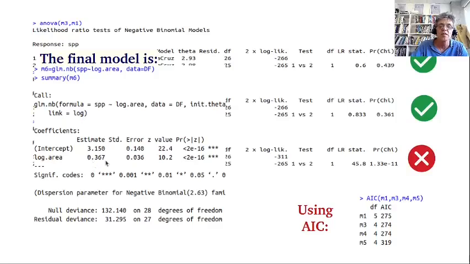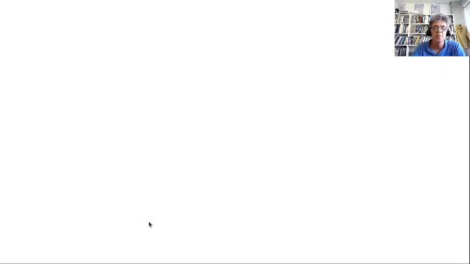Again, I see that the slope for the log of the area is significantly different from 0, and there is no overdispersion in this GLM, suggesting that GLM M6 models correctly the variation in the data.